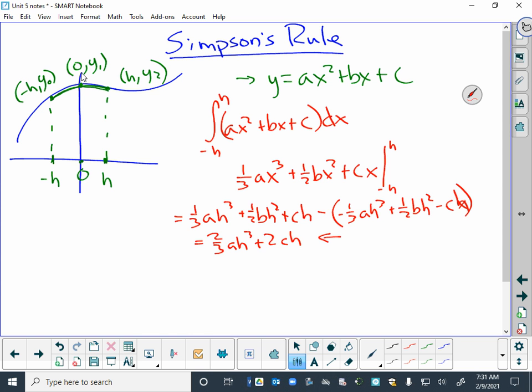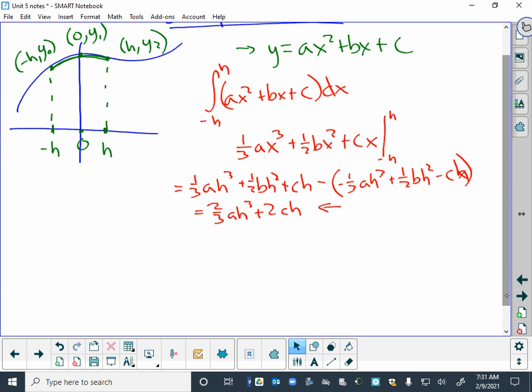If I could figure out what a and c were, it still feels like a daunting task if I'm making a bunch of these little parabola-topped areas. How would we go about finding what a and c are? That's where we use these points.